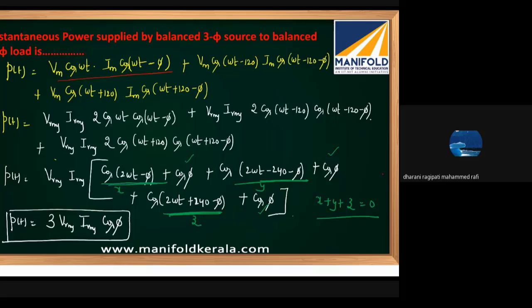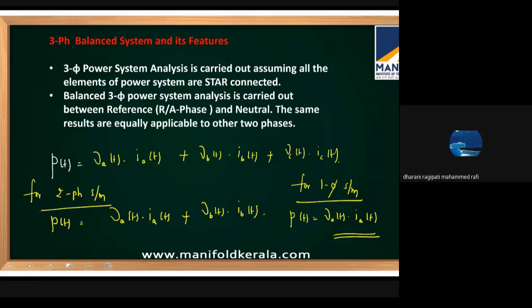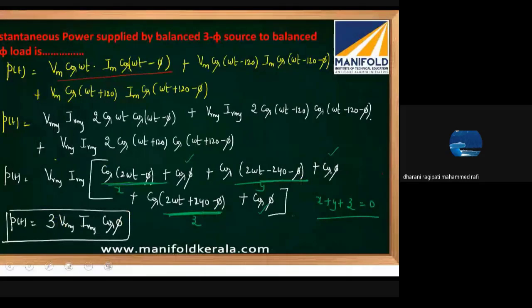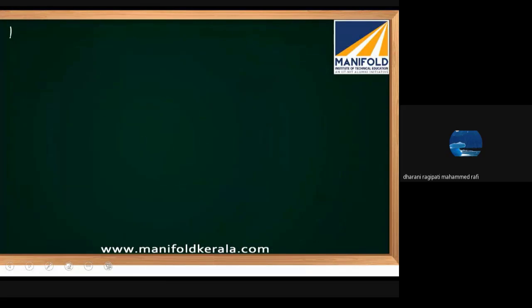The one beauty here in this concept is that, let me take a couple of slides to explain. See, when we computed the instantaneous power in a single phase system, what did you get? I hope you remember, or you can just go back and refer.